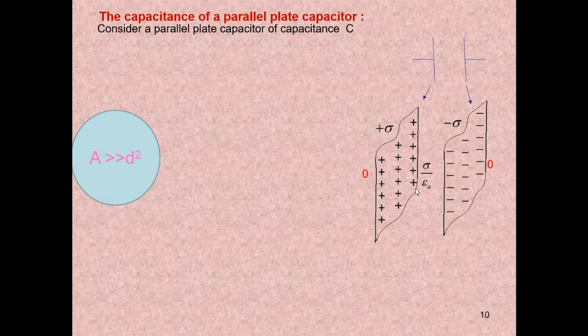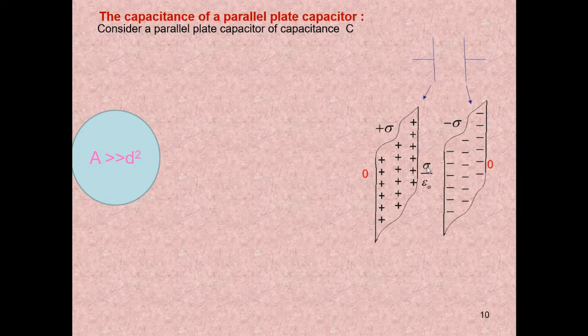So if the area of the plates is very large compared to D square, you can assume for all regions well inside the spacing between the capacitor plates, we can use the infinite sheet formula subject to this condition.